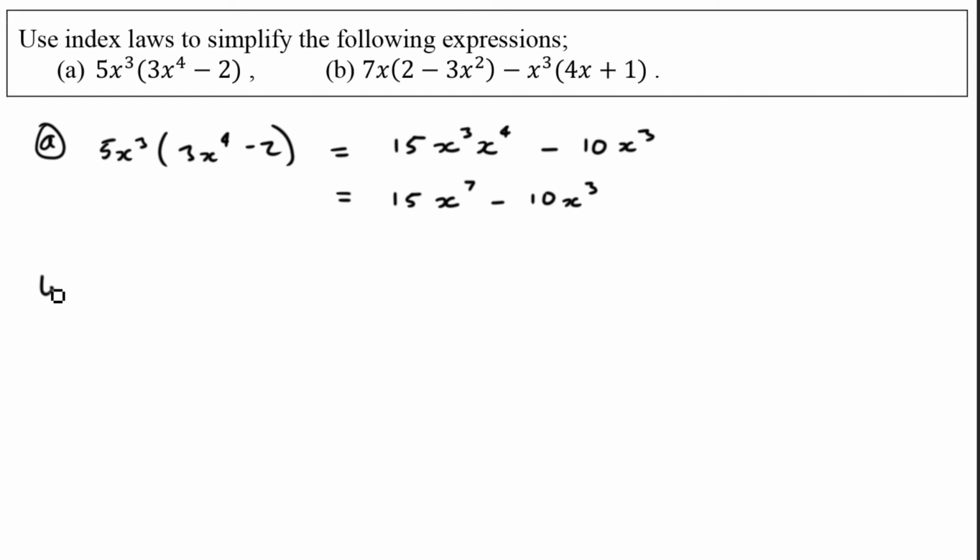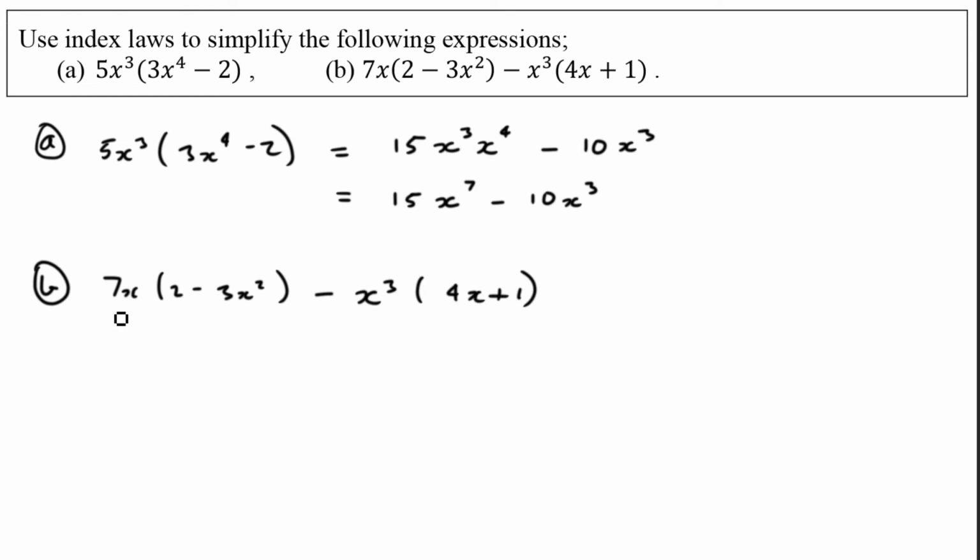In part B, there's quite a lot of expanding to do. 7x into (2 subtract 3x squared). And then we have to subtract x cubed into (4x plus 1).